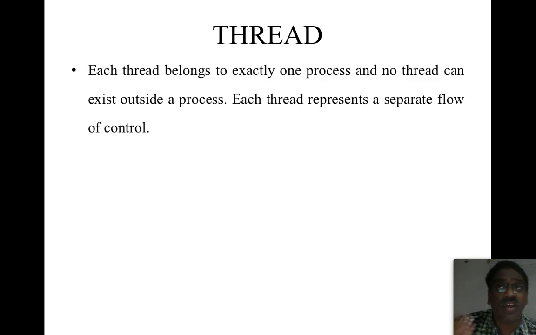Flow of control means how the flow goes on. When you draw a flow chart, you check the flow of the program. But with independent programs or independent threads, we are unable to identify the flow of the thread in that program. It means when that program is used in your product or project, we don't know. You just write the program, and whenever you want you call it. At which time you have to call it or use it, we don't know. That type of thing happens with independent programs.